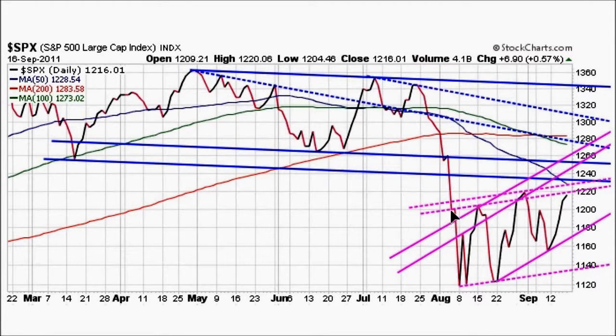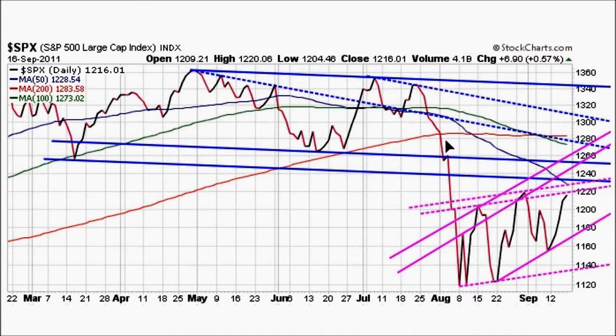We've got these two pink trend lines relatively close to price. Notice this pink line intersects with this blue line, which is the 50-day moving average. It's not uncommon for a bear market rally to reverse at or slightly above a 50-day moving average. If you look at these blue trend lines, they come into play here.